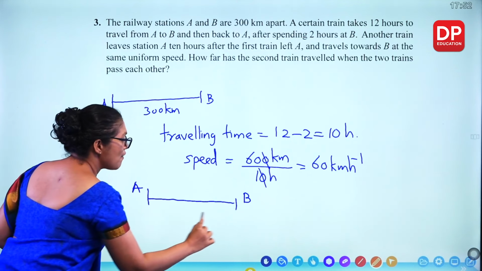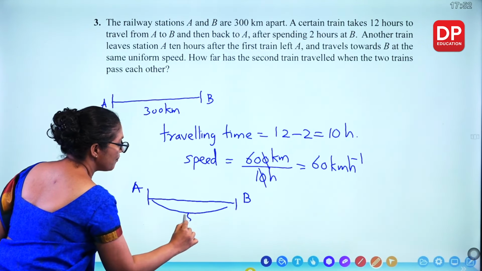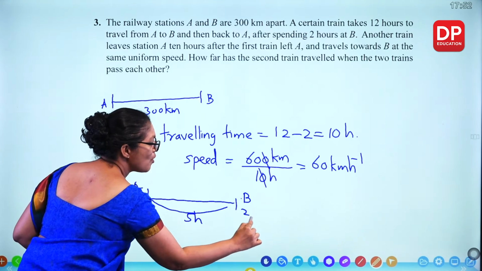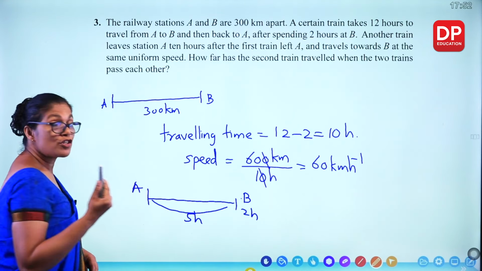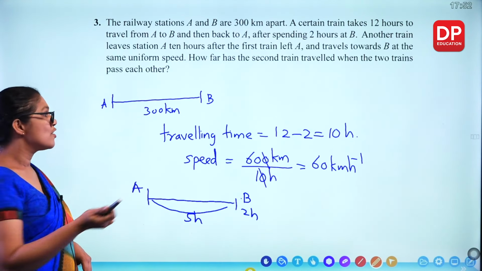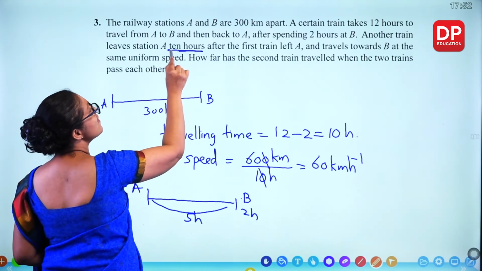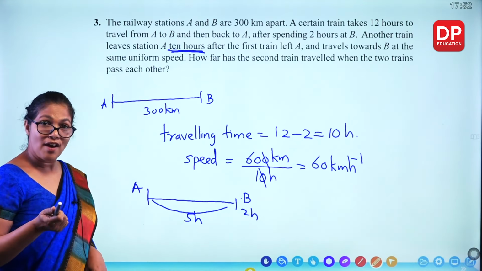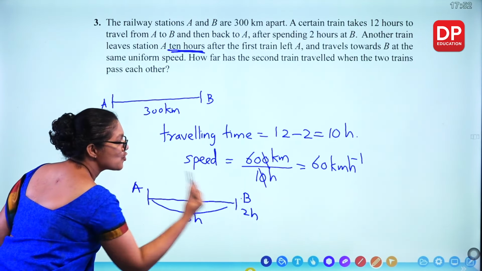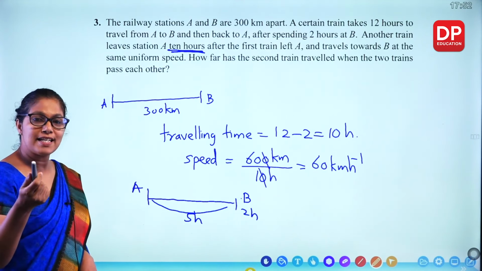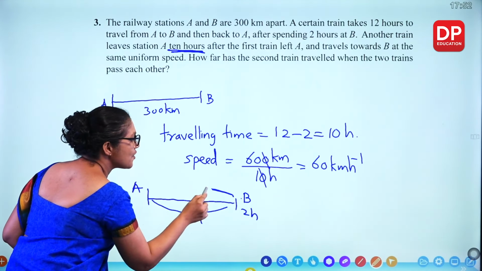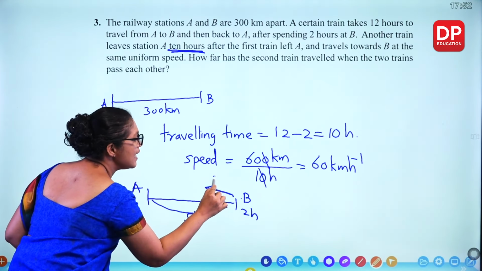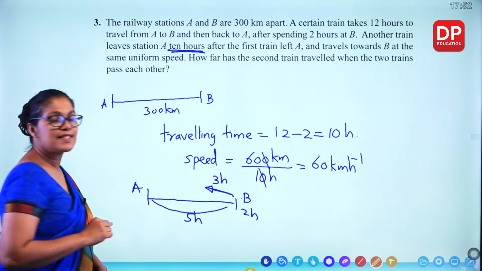Now 5 hours here and resting time 2 hours, altogether 7 hours. So within 10 hours, 10 minus 7, this train can travel only another 3 hours there.